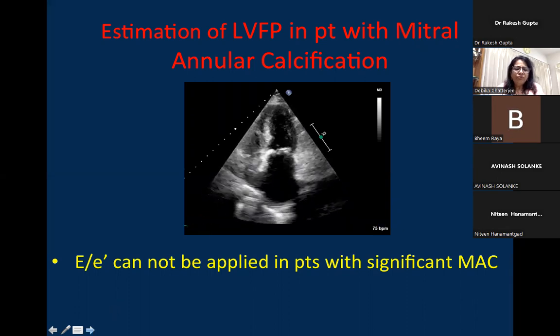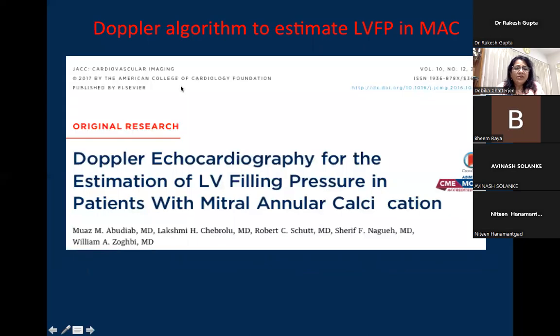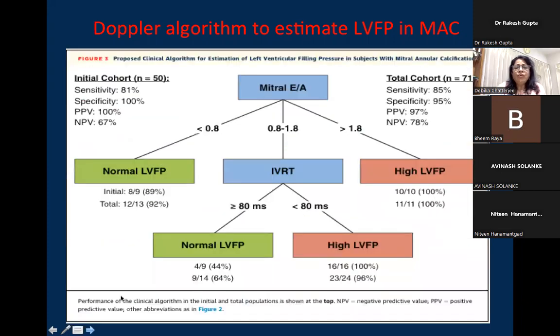So what do we do? There is an article in JACC in 2017 where they have shown Doppler echocardiography for the estimation of the LV filling pressure in patients with mitral annular calcification by utilizing a criterion called isovolumic relaxation time, which I'm going to show you.